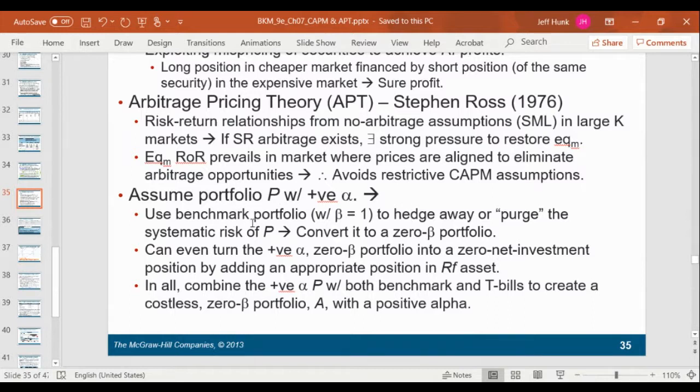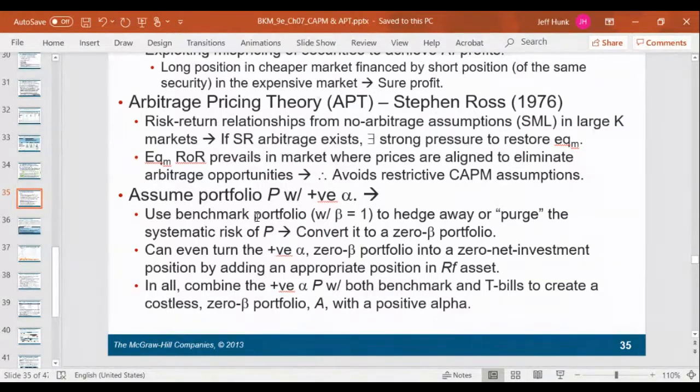So then, how do you apply this? How do you apply the arbitrage pricing model? So let's assume a portfolio P with positive alpha. Okay, it has a positive alpha against what?